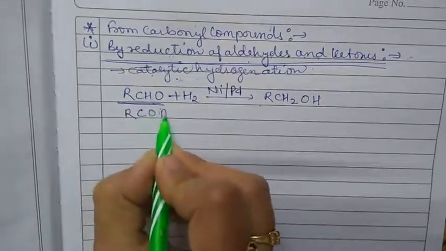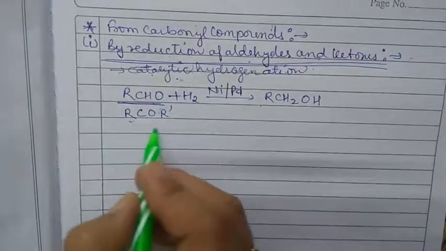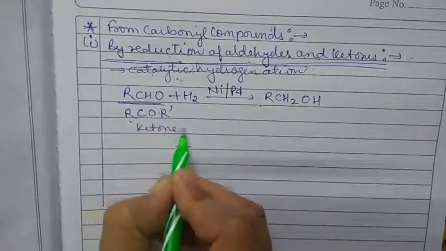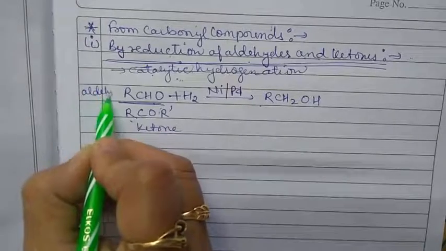Now the next is RCOR', which is the general formula for a ketone, and this one is the general formula for the aldehyde.